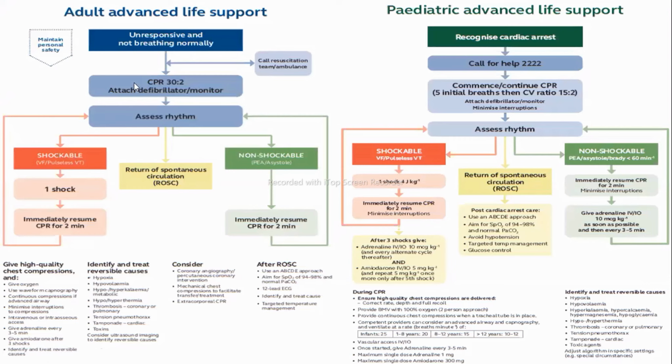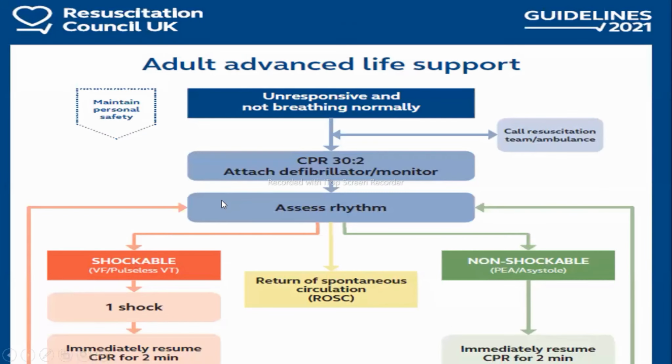Here you have to be familiar with adult ALS and pediatric ALS. If the patient is unresponsive and not breathing, you confirm already he is in arrest. After that, call the resuscitation team.